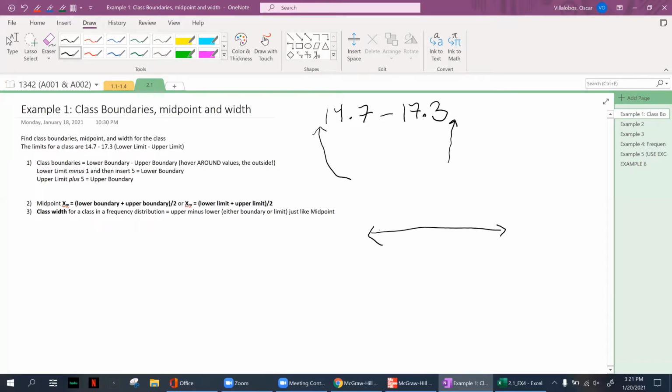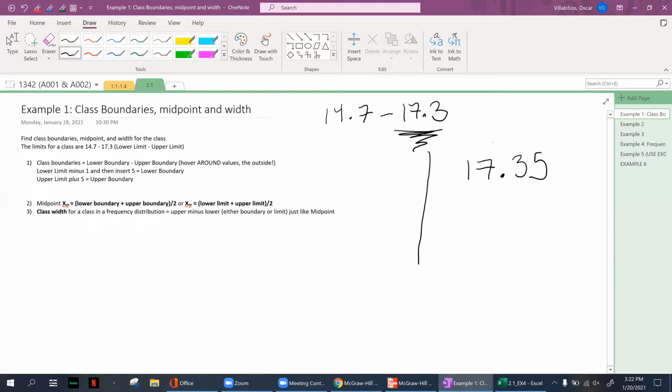We did this in chapter 1, in the chapter 1 homework. Let's start on the upper limit. I believe this was the easiest one. We locate the number and attach a 5 to the end of it. So this is going to be 17.35.